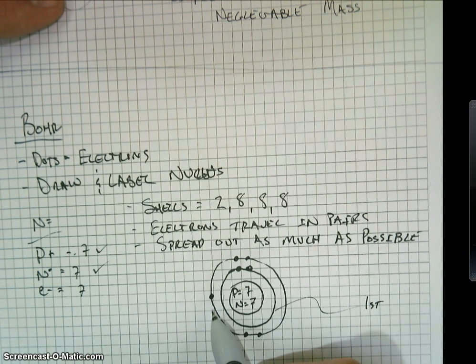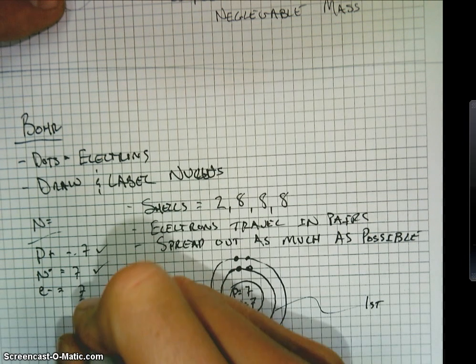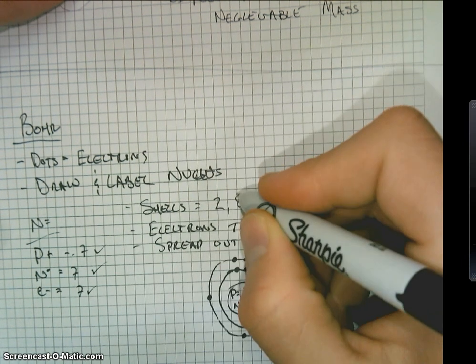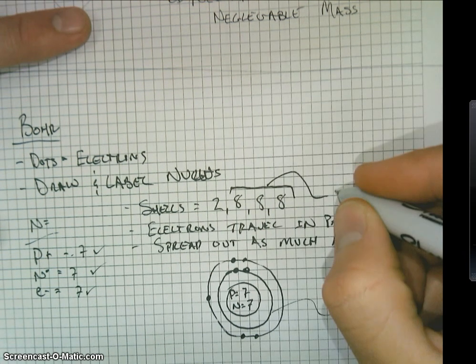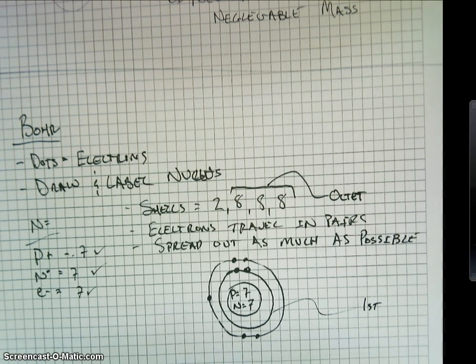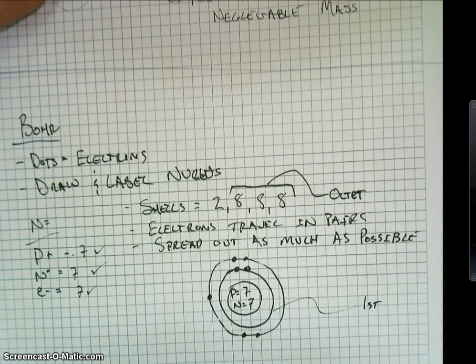I drew the 7th over there just to spread it out away from these. Satisfied. One last thing: this 2 and then every shell after that containing 8, we call the octet rule. Those of you familiar with chemistry know this might be a little more complicated in chemistry class. For our purposes and for our drawings and bonding ability, let's just keep it at that.